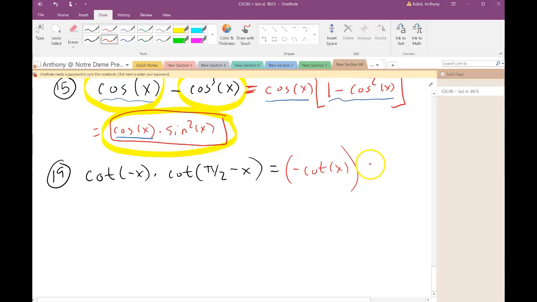Yeah, so this one turns into tangent x. Everybody's okay there? And there's some more we can do. Yeah, so negative cotangent can turn into negative 1 over tangent. And now what happens? And we're left with just negative 1.